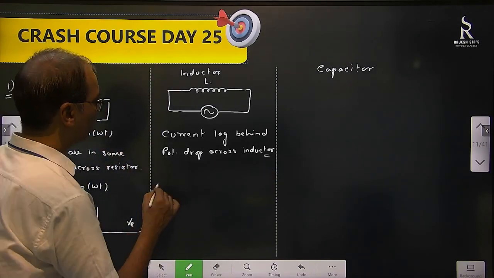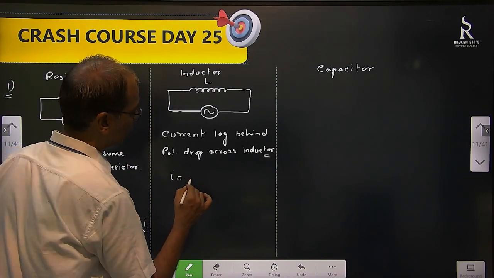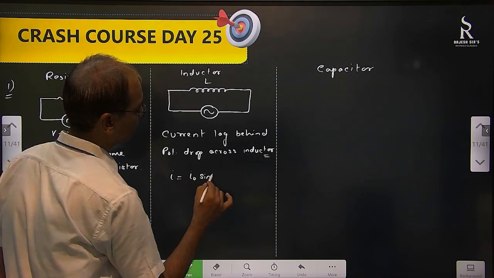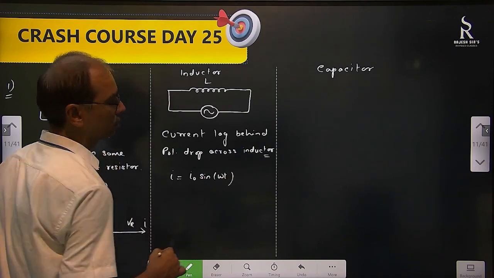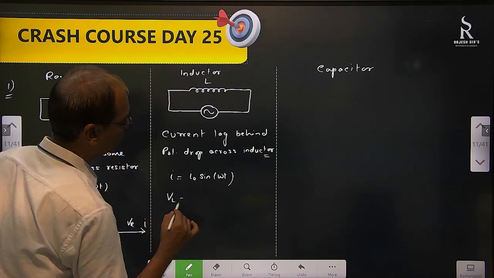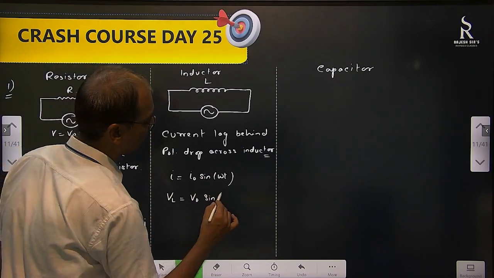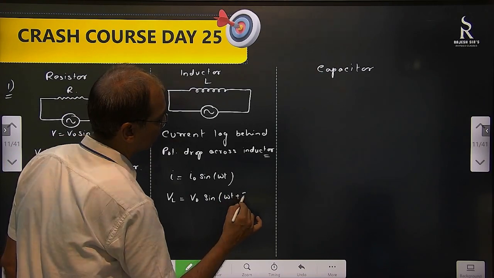So if I am writing I as I naught sine omega t, then VL you'll be writing as V naught sine omega t plus pi by 2.